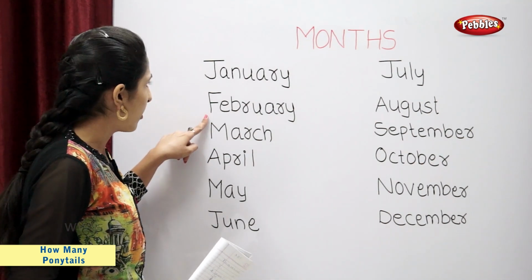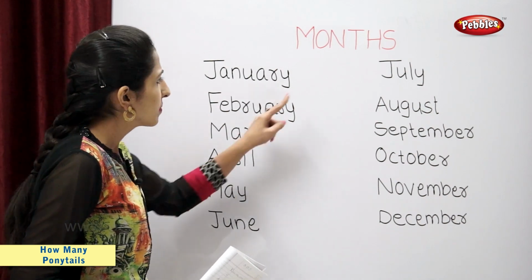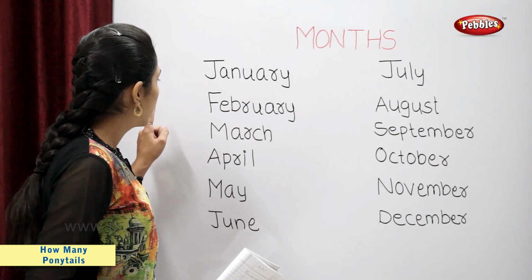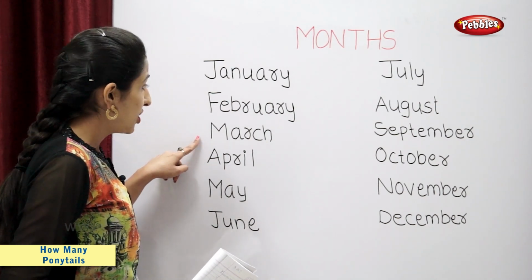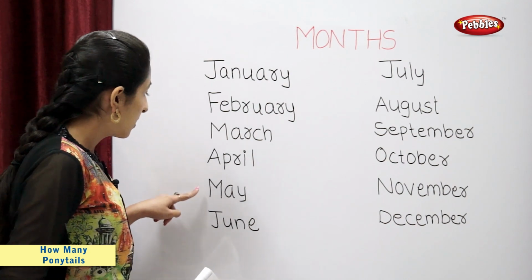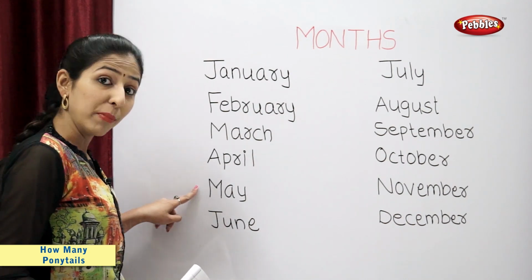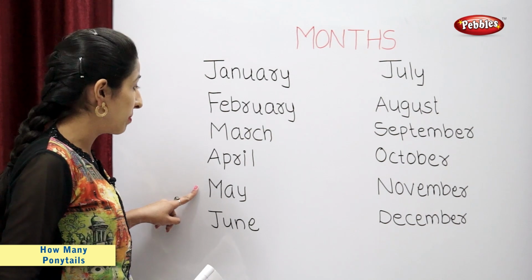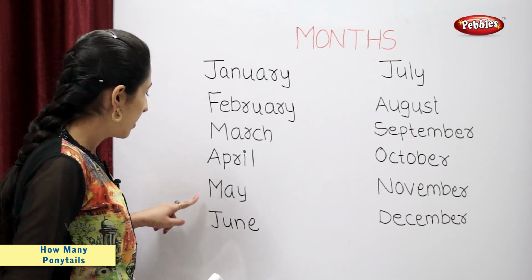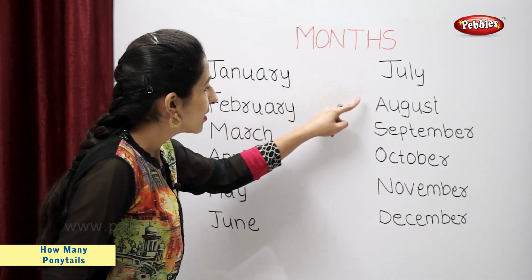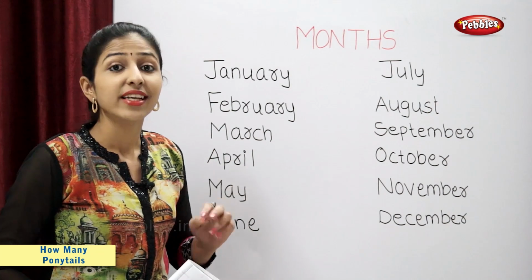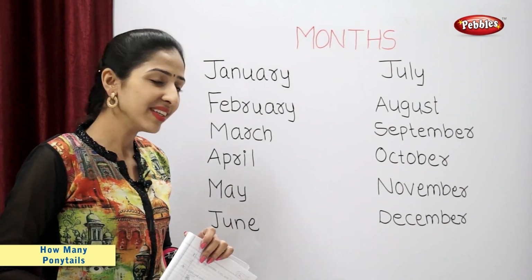February, F. Only February. March is starting with letter M. May. May is also starting with letter M. So 1 and 2. So there are 2 months starting with letter M.